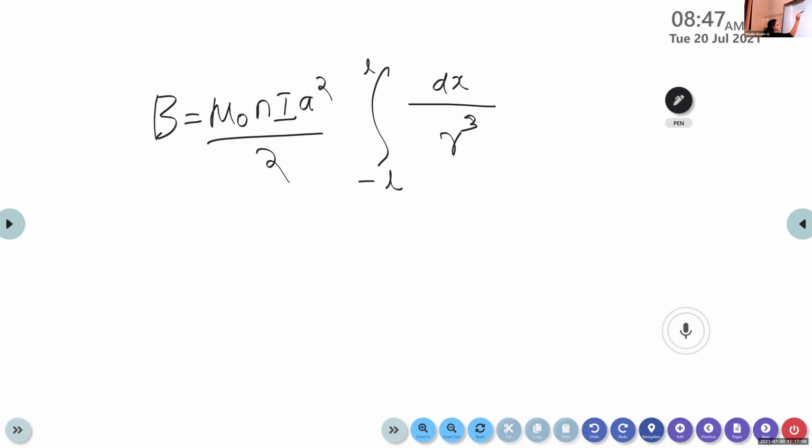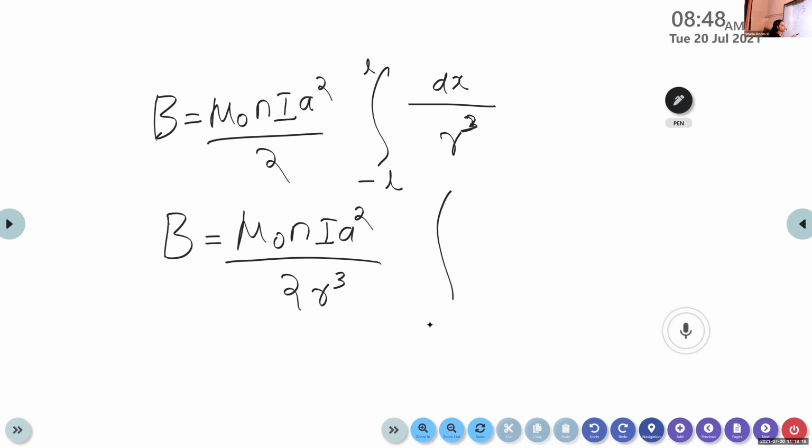And now this r cube is also constant. It has no relation with the x term, the small segment term, so we can take it outside. It becomes B is equal to mu 0 n I a square divided by 2r cube into the integral from minus L to plus L of dx. Here again we have the integral of the derivative of a function, which is the function itself.